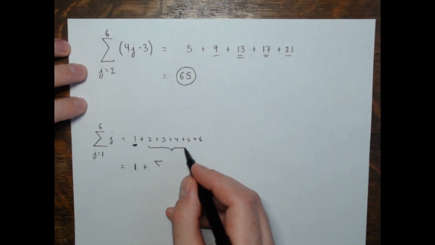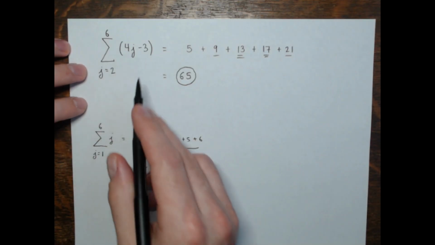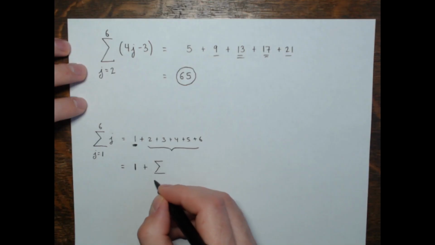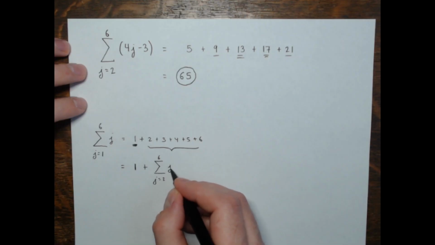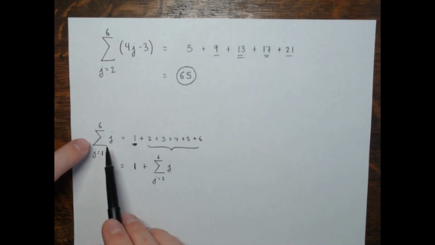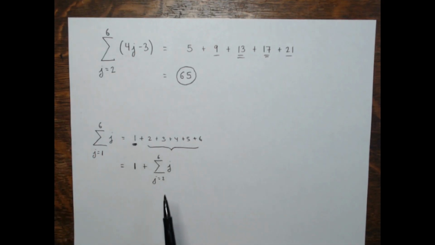The rest of this would be the sum that's going to show up when I use properties here later. The sum from j equals 2 to 6 of these j terms. So this and this mean the same thing. They both represent this sum of 1 to 6.